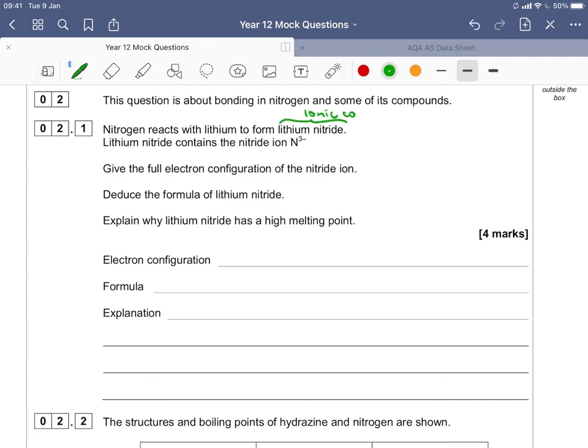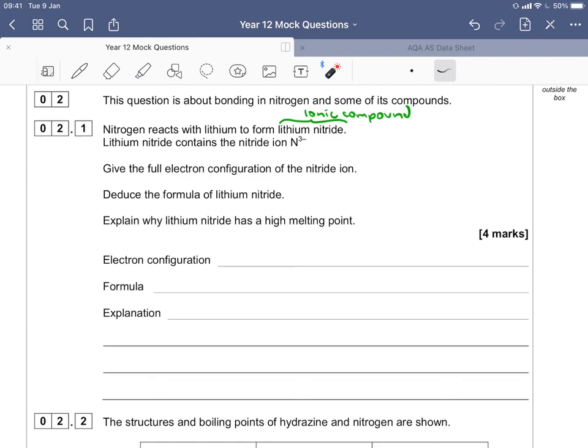And in fact, it makes that clear in the next line because it says lithium nitride contains the nitride ion N3-. So they've explicitly stated that we're talking about an ionic compound. And remember that right at the beginning they were saying that a lot of this question was related to bonding.